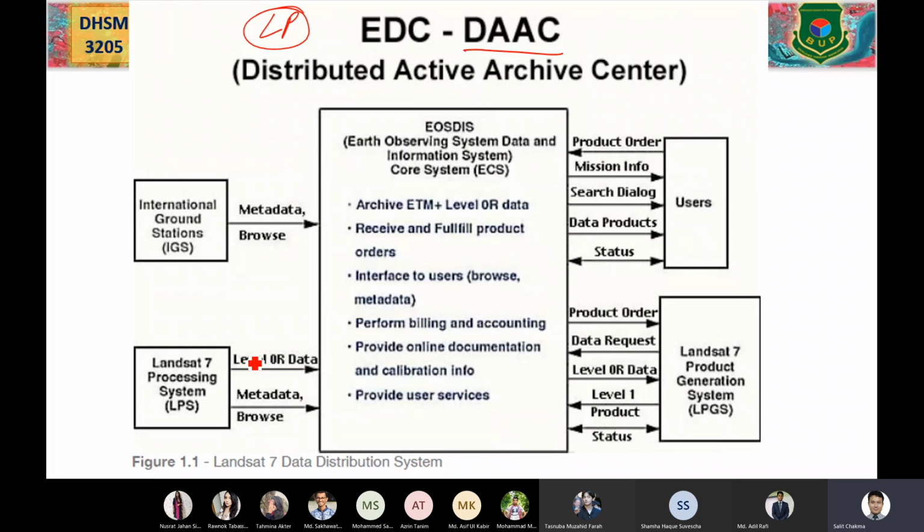It can run the algorithms, and it can process the data to the different levels of the data. And what do I mean by different levels of data? We have seen the level 1 data, level 2 data, level 3 data. Level 1 data is the raw data, which is not really processed. Not so much processing has been done.